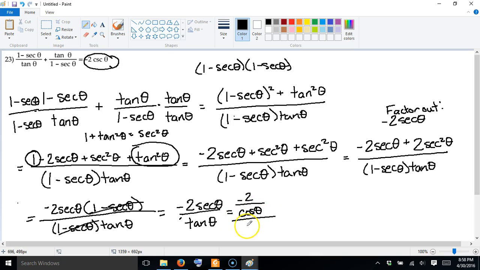And tangent, if you remember, is the same thing as sine over cosine. Well, we have common things that we can cancel out. So we got negative 2 over sine theta, which is the same thing as negative 2 cosecant theta. And we're done because it's equal to that.